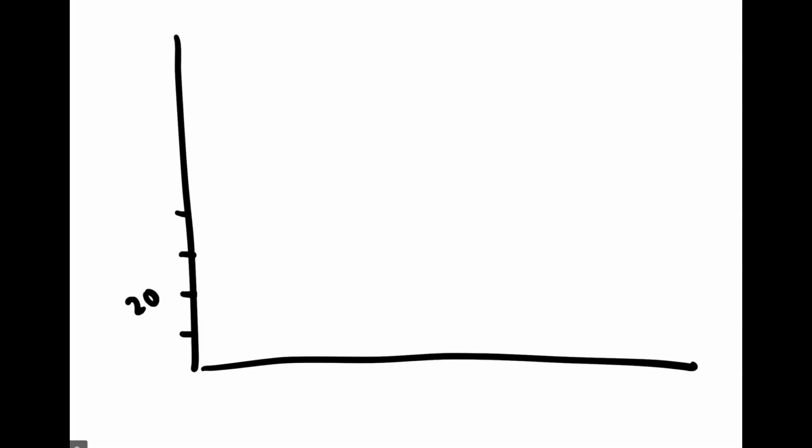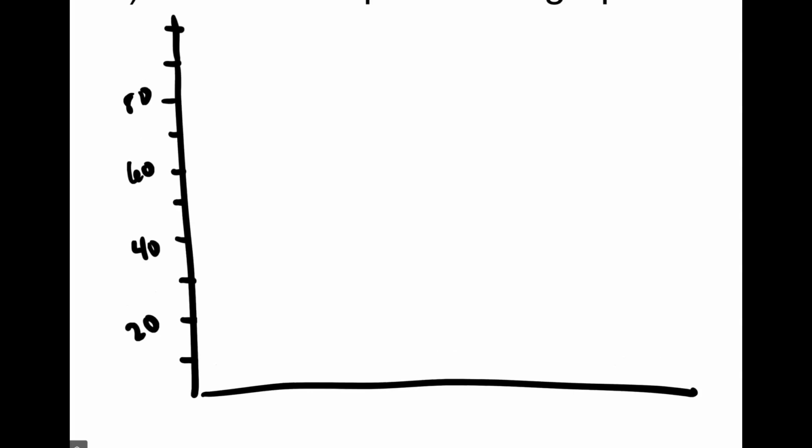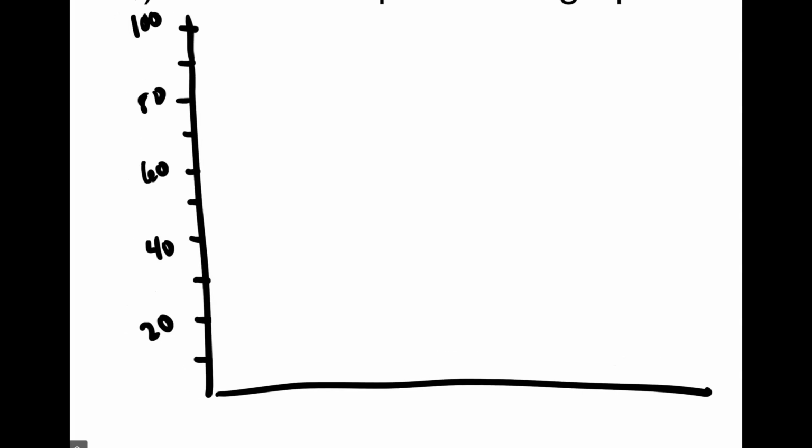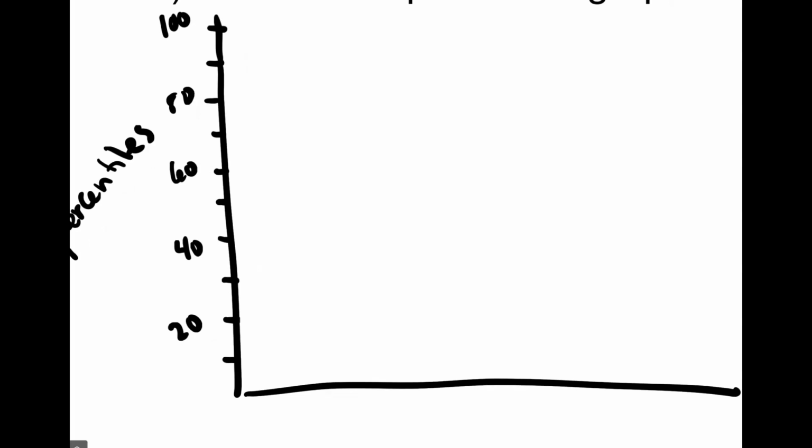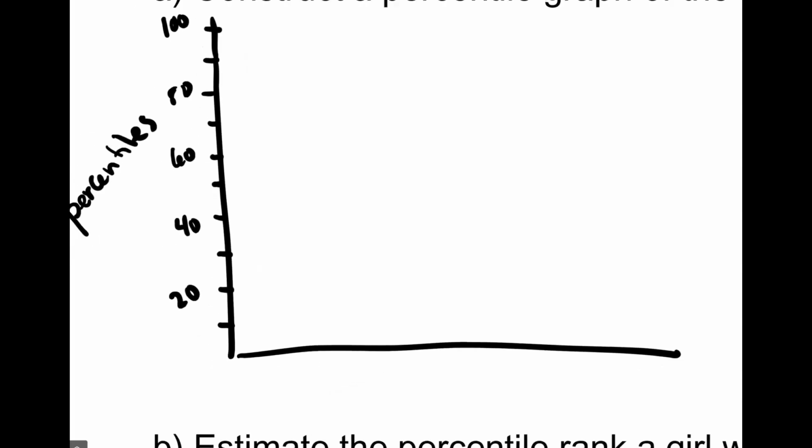Did I not make this large enough? Okay, these are percentiles. Try to make them as equally spaced as possible. That's the goal, percentiles, and then we're having height in inches on the x-axis.